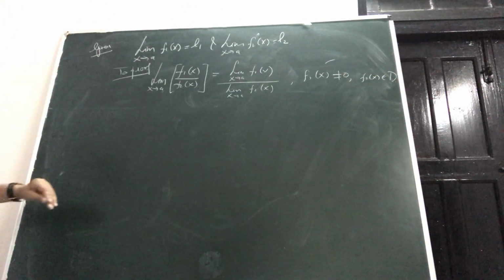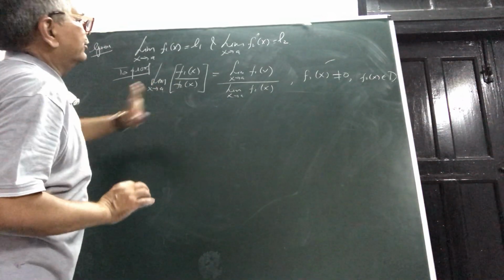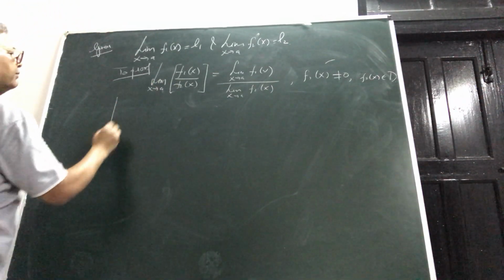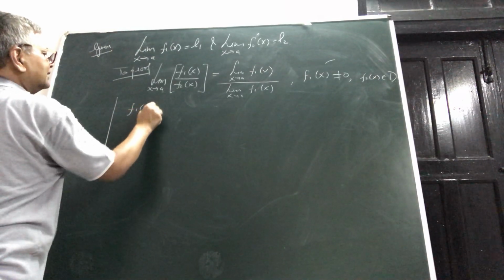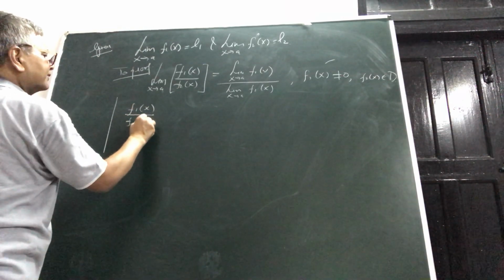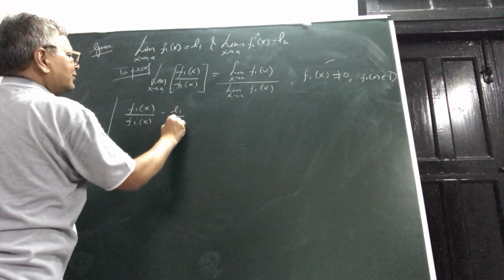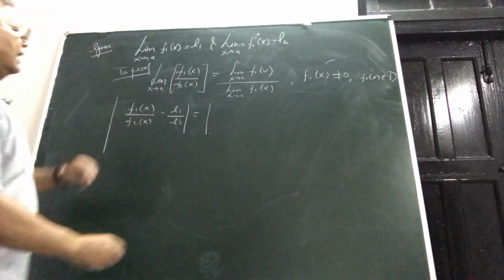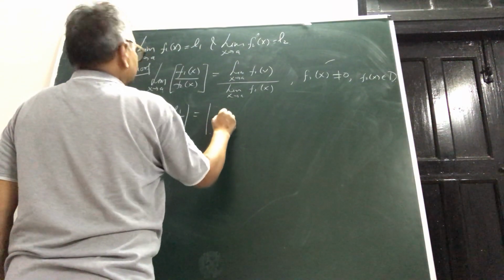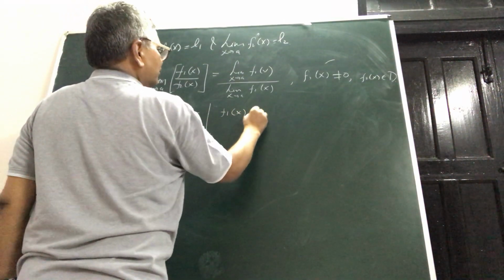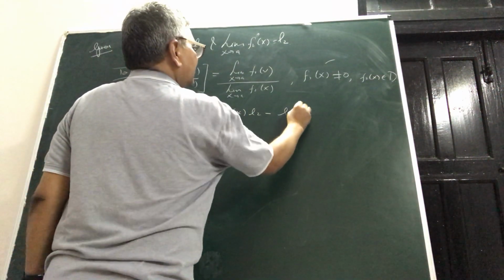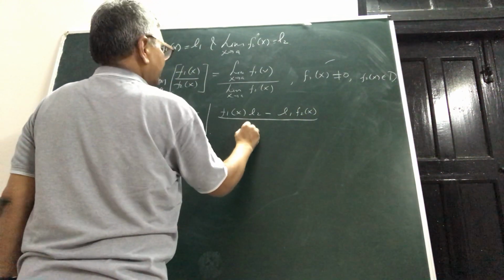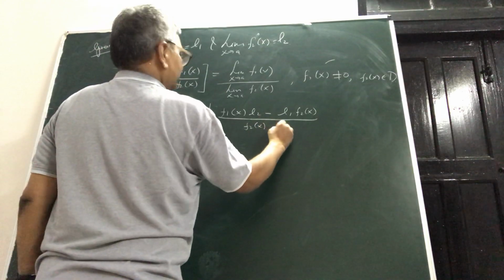So now see what we need to do. Since we have to prove this, consider f1(x) upon f2(x) minus L1 upon L2. We will simplify this, and it will become nothing but f1(x) L2 minus L1 f2(x) upon f2(x) and L2.